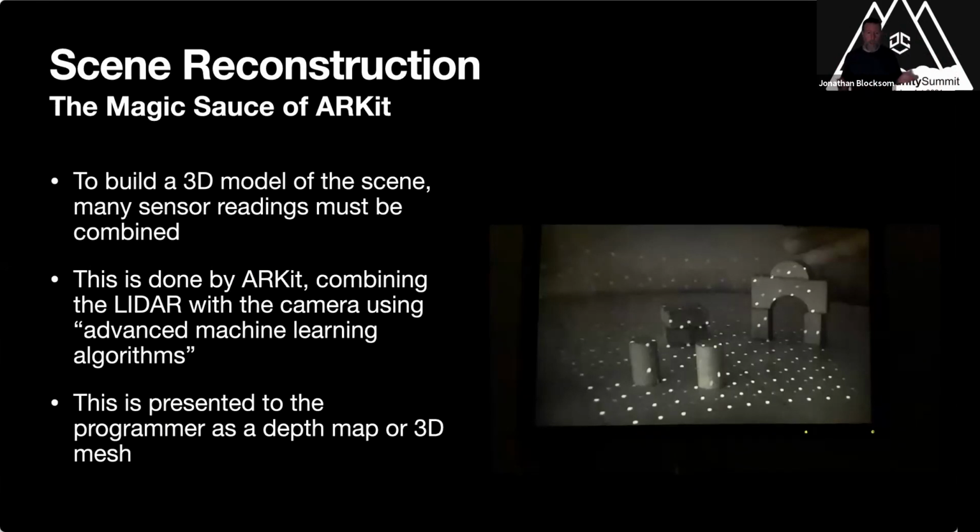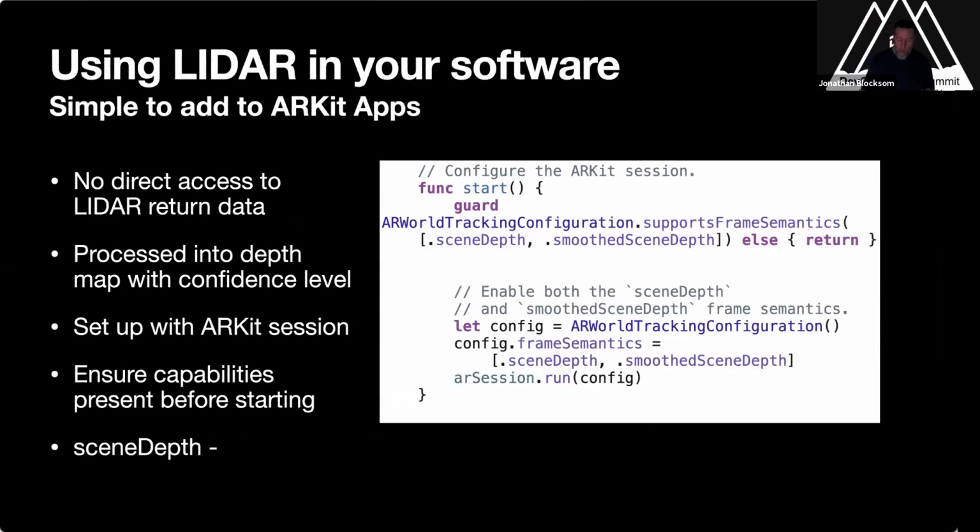So this is all done inside of ARKit. There's actually no way to get the raw LiDAR data. It's not exposed as a camera like the other cameras are on the device. Whether that's going to change or not, it's hard to say. It's kind of an interesting thing. There are some pros and cons to that.